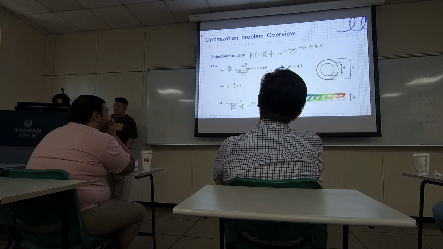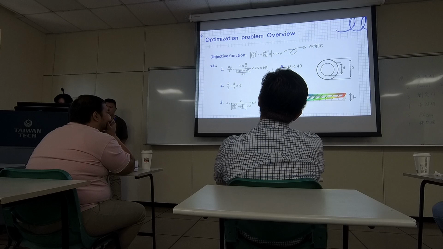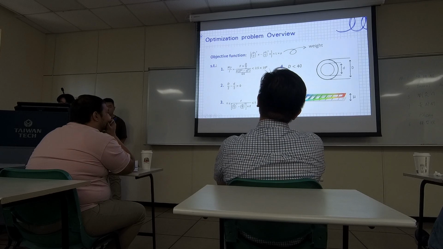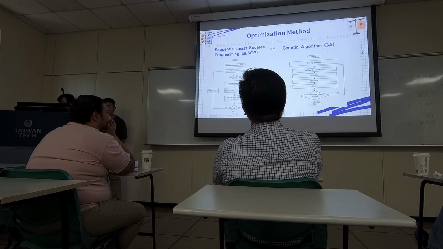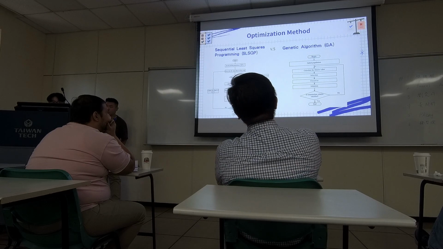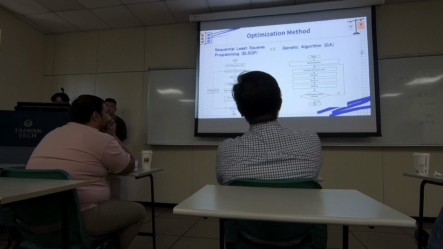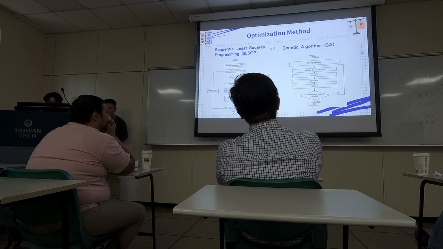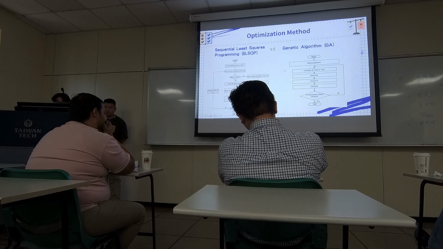The second constraint, we want to check the rod is hollow. The third one is deformation. And the fourth and fifth are the size of the rod. And we want to use these two methods to optimize our problem and compare which one is better.